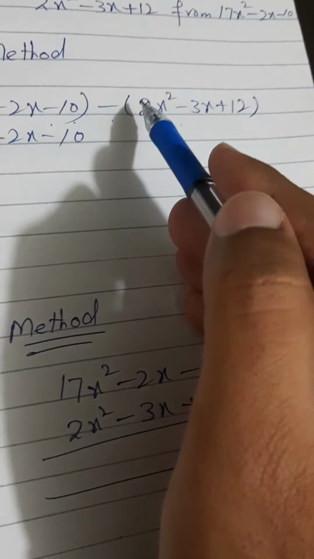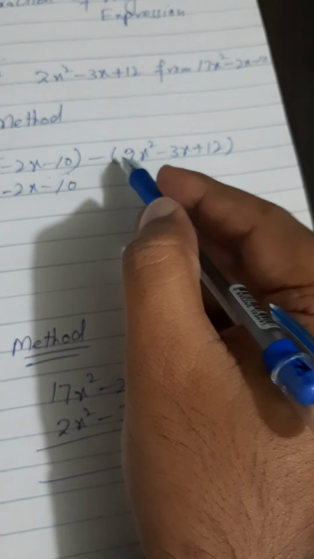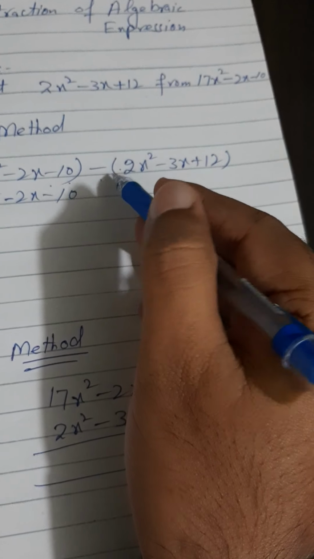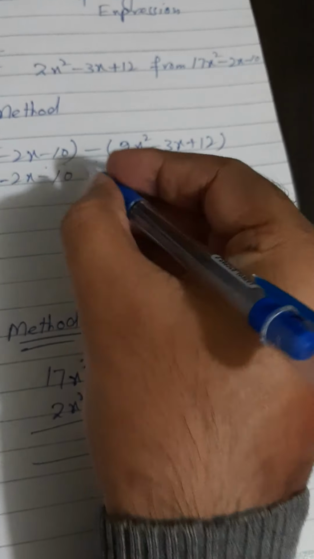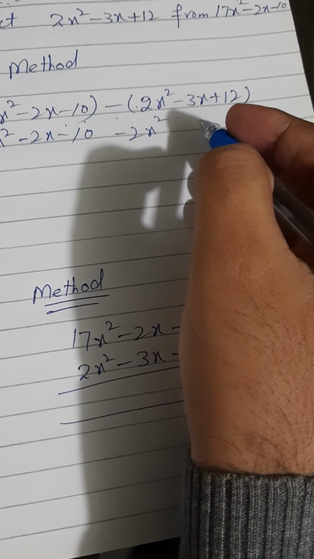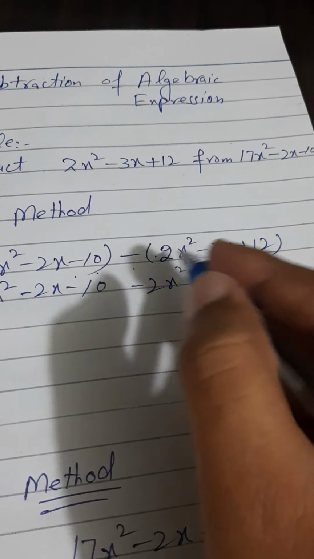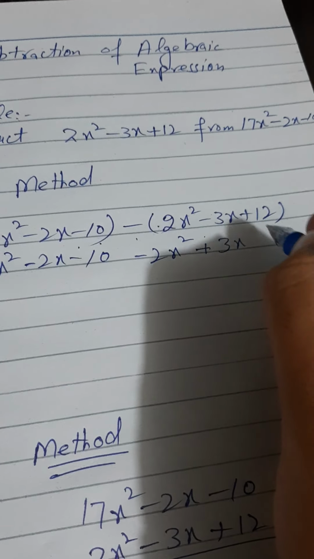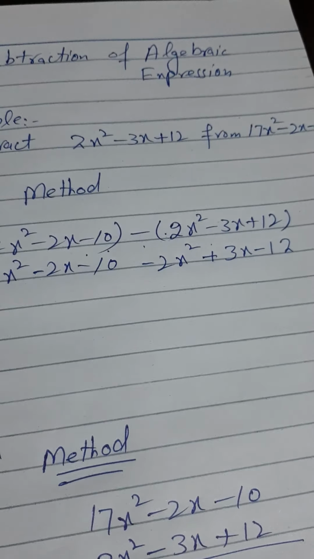So 2, which sign does 2 have? 2 has a positive sign, because we know that if there isn't any sign, it means there is a positive sign. So we change this positive to negative, it's negative 2x square, and the next negative will change to positive 3x and negative 12.